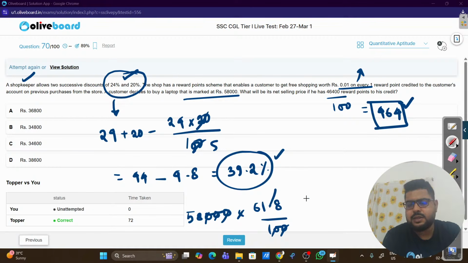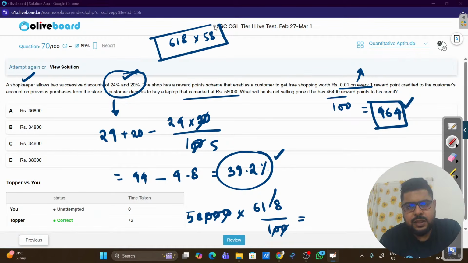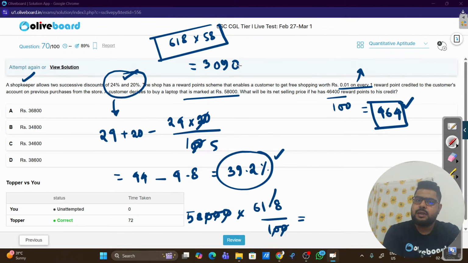So again, you will say 618 into 58. Do one thing, 618 into 50 you do first. 618 into 50, meaning double, like half, sir. 3090.